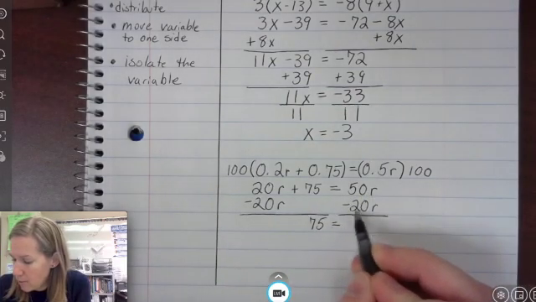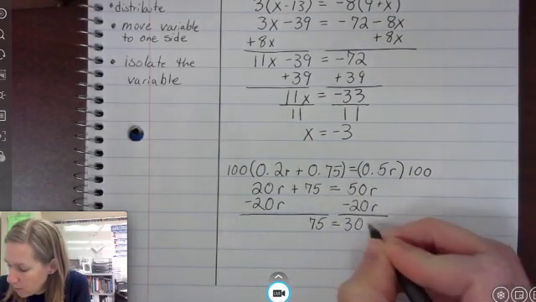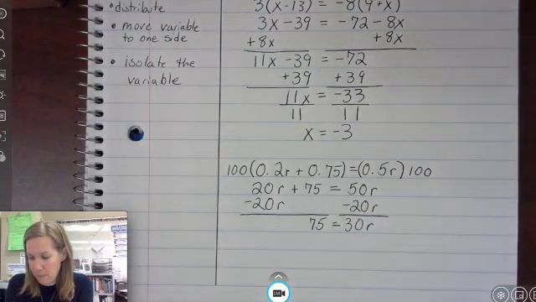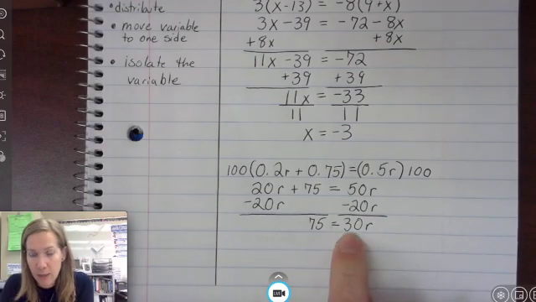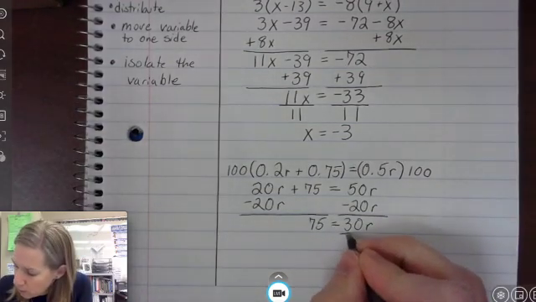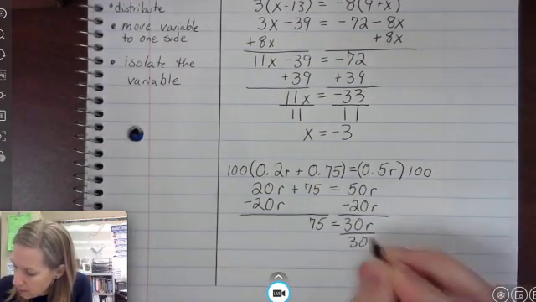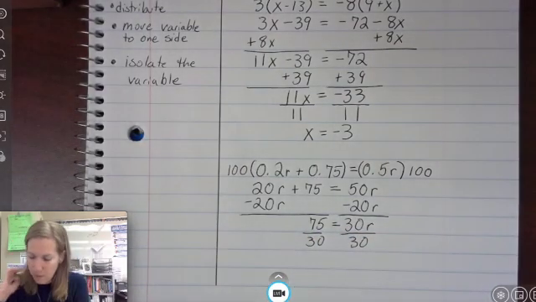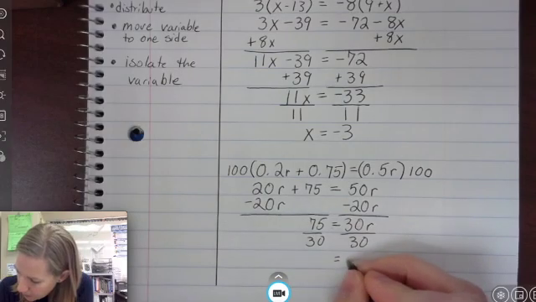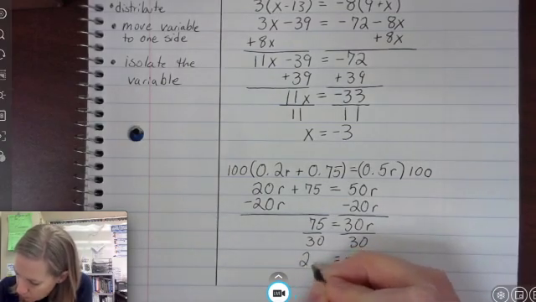So 50r minus 20r gives us 30r. And now we're multiplying r by 30. So to get rid of that 30, we are going to divide both sides by 30. And we get r equals 2.5.